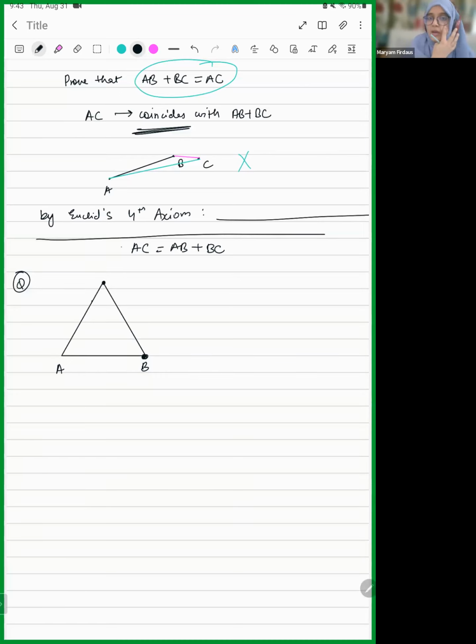Now what you need to do is show that the triangle that you have constructed is equilateral. Let me first write the question.